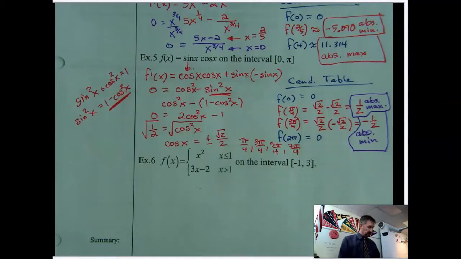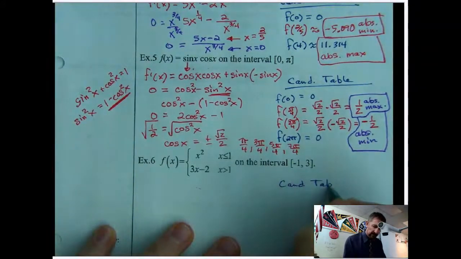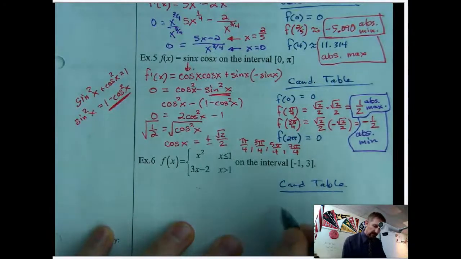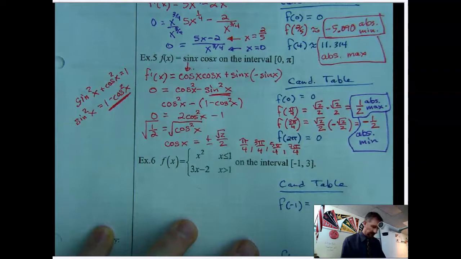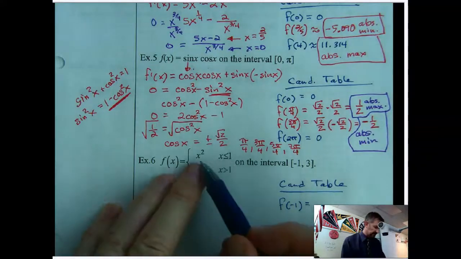All right, last one. Okay. So again, candidate table. Very repetitive, same thing over and over again. So f of negative 1 and f of 3. Okay? So if we plug negative 1 in here, negative 1 is less than 1.